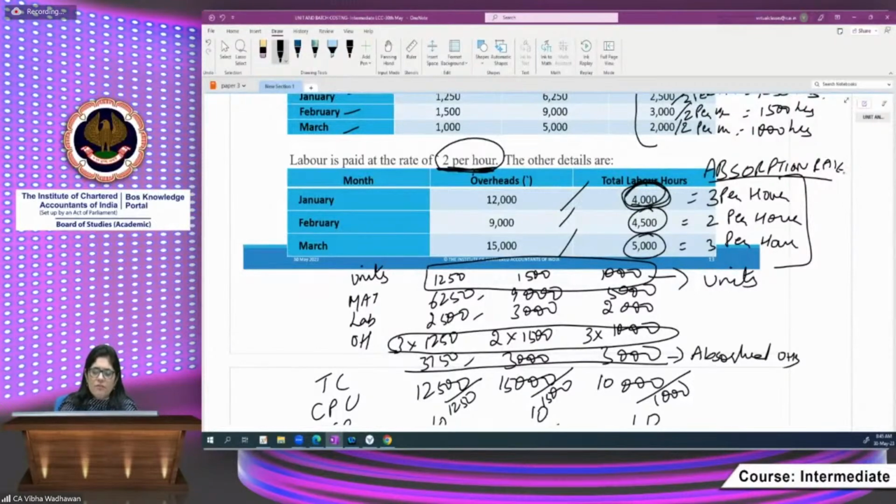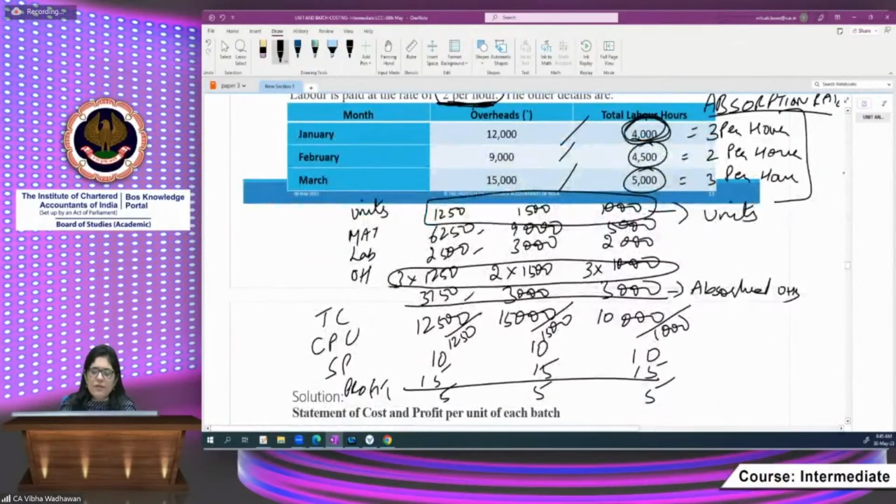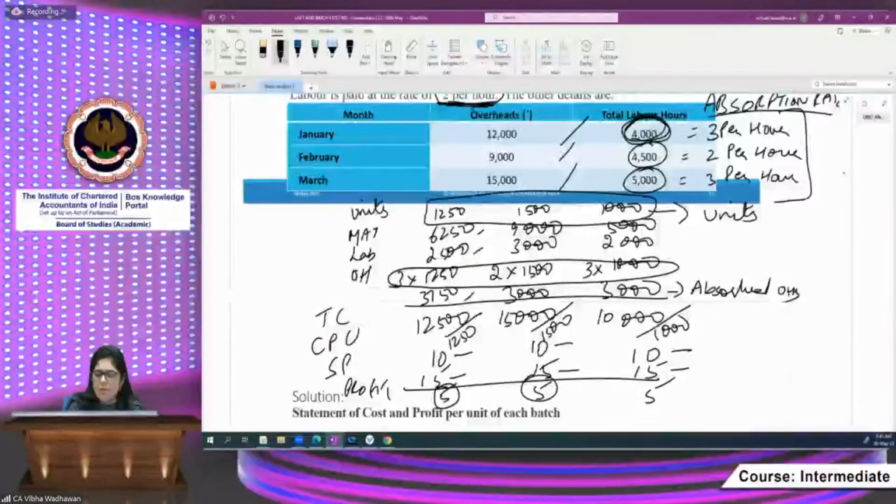With the help of absorbed overhead, now we have calculated total cost, total units we had for January, February and March. And we have calculated the cost per unit, which came out to 10, 10 and 10. Selling price per unit we had 15, it's given in the question. So profit per unit is 5.